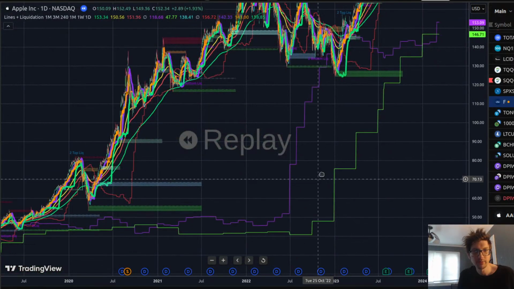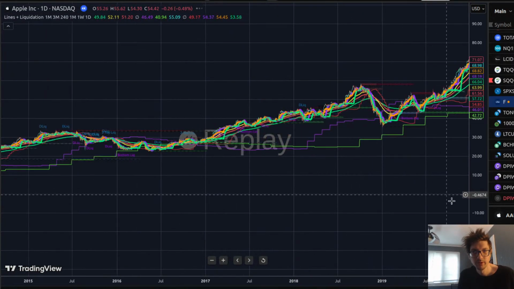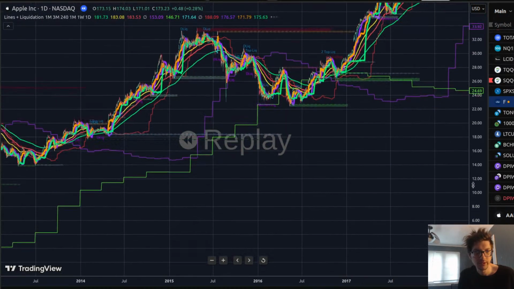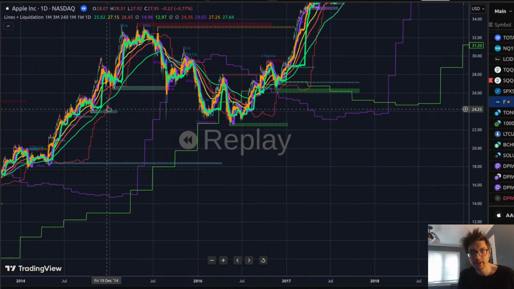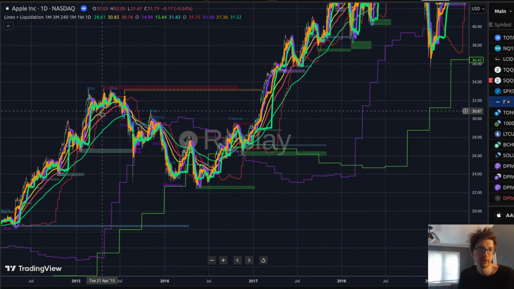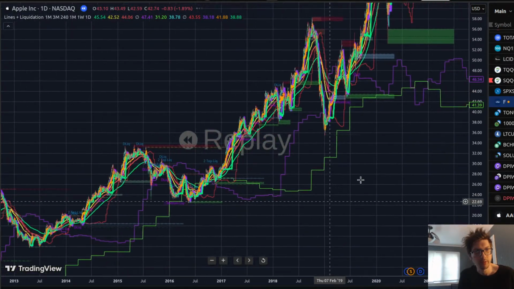And then sometimes it's good to identify situations where, instead of crossing aggressively against it, the line is moving sideways as price action moves sideways along with that line. And it doesn't have to be the red line. It could be any one of these other lines.